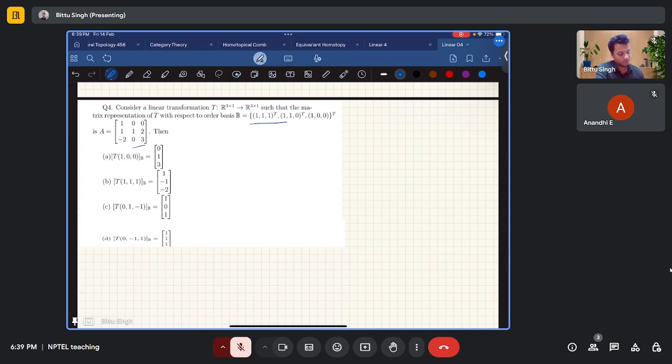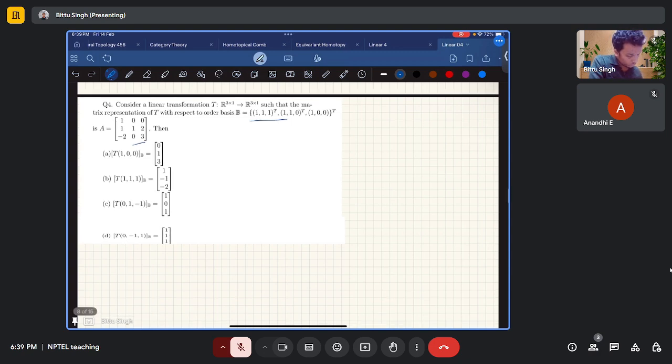So let us solve this problem. T applied on 1 1 1 we can see easily, and 1 0 1, 1 0 1 minus 1, 1 0 0 is also there, so we can find those two very easily.